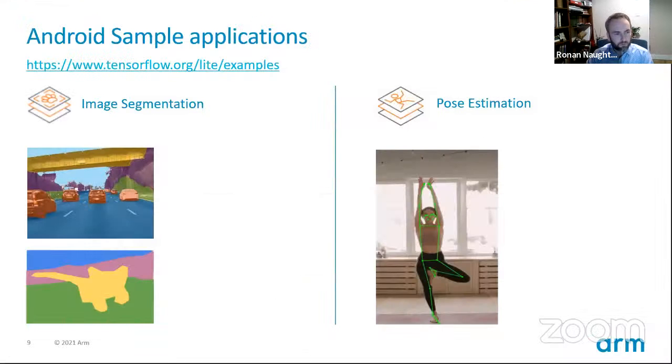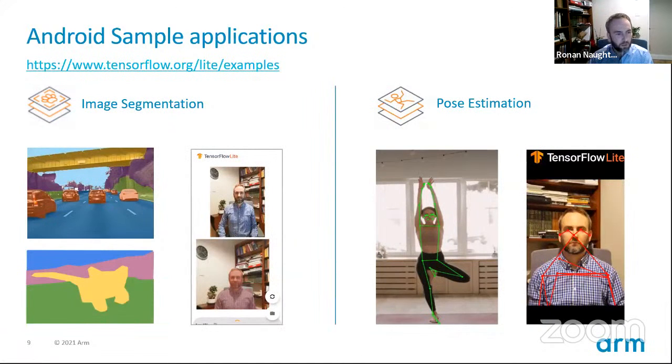Okay, so we have taken these examples and we have started to try and use them. On the left-hand side, you'll see the image segmentation example, which is available on the TFLite website that I just showed. And you can see there's a picture of me here. You can see that it's nicely segmented here. So it's identified nicely that this is me in this part of the image and the rest is background.